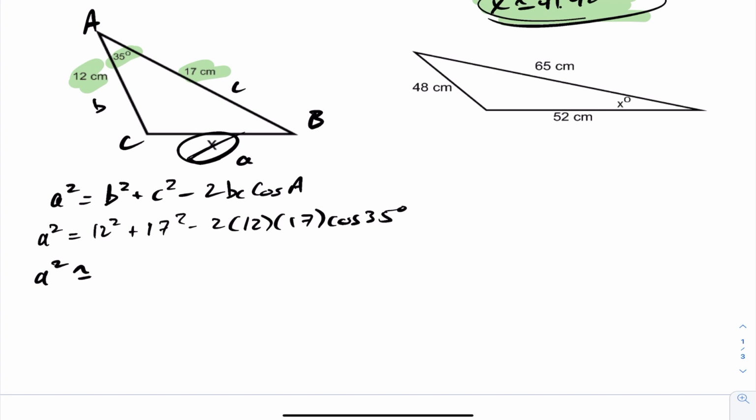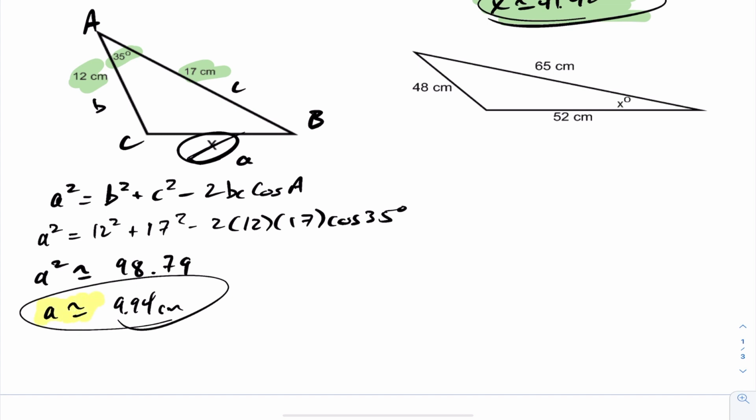And doing that, I get a squared is equal to 98.79. Taking the square root, we get approximately 9.94 centimeters. So the approximate length of side a here is 9.94 centimeters.